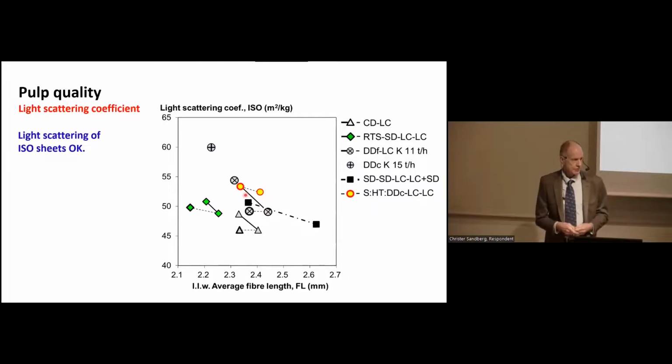So something was strange with the rapid curtain sheets when we did the evaluation in Braviken. So the conclusion is that the most efficient process can deliver light scattering similar to newsprint. It was even a little bit higher, as you can see, compared to the reference pulp.